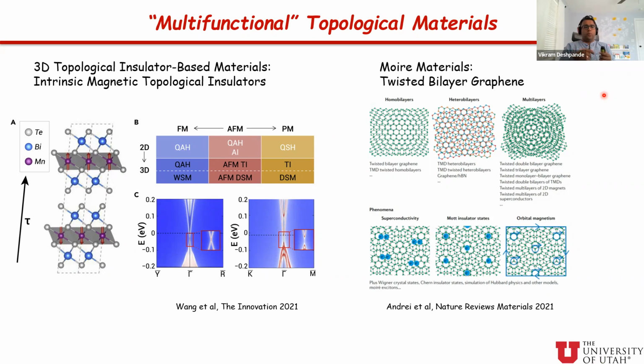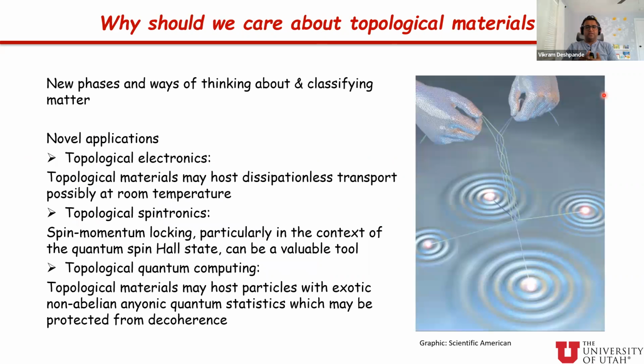Okay, and finally a slide for why we should care about topological materials. I'm probably preaching to the choir here, right? But just for completeness, these are new phases and new ways of thinking about and classifying matter, and of course there are a lot of novel applications in the context of, for example, electronics, where you have these quantized 2D states that basically host dissipationless transport, and that might be useful for electronics.